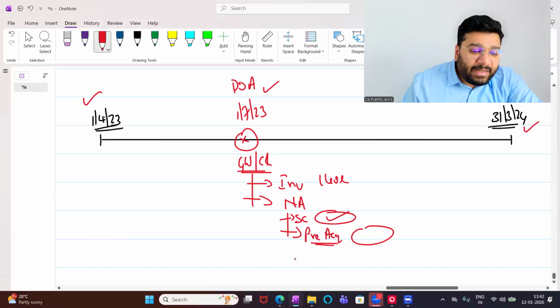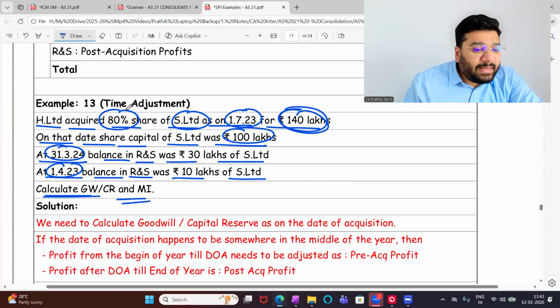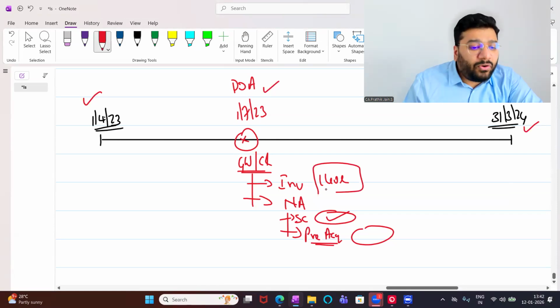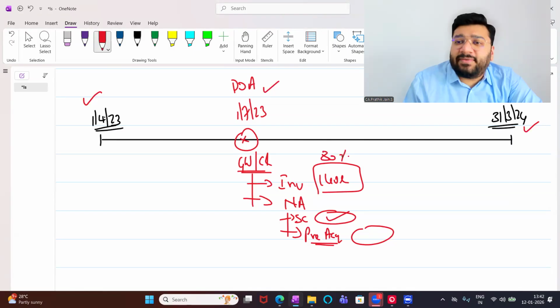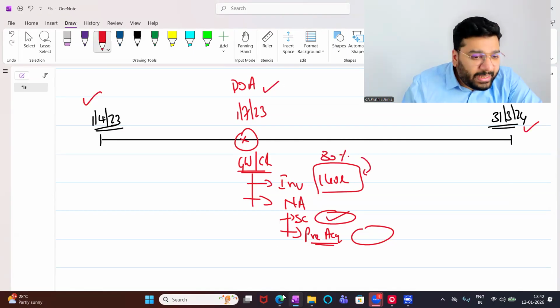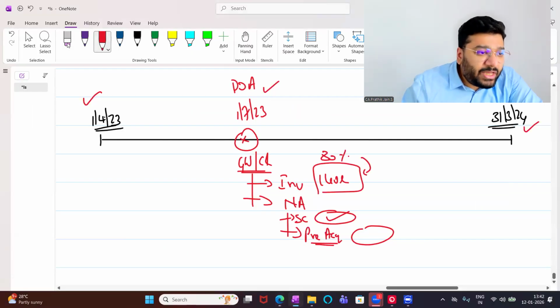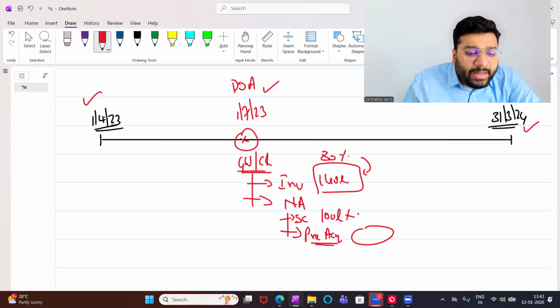Before that, let's put the data first. On this day, I have purchased the shares. What is the investment worth? 140. How much shares have you acquired? 80%. 80% shares are acquired by paying 140 lakhs. Share capital is 100 lakhs, so 100 lakhs into 80%.